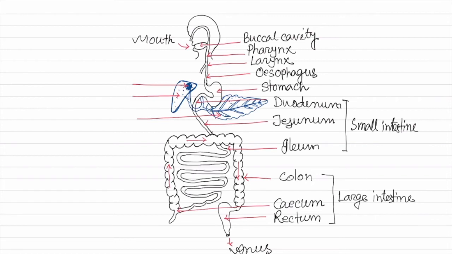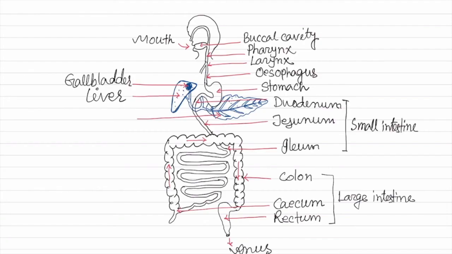First of all, the gallbladder, the storehouse of bile juice, bile pigment or bilirubin, and the liver, the producer of bile juice, bile pigment or bilirubin.